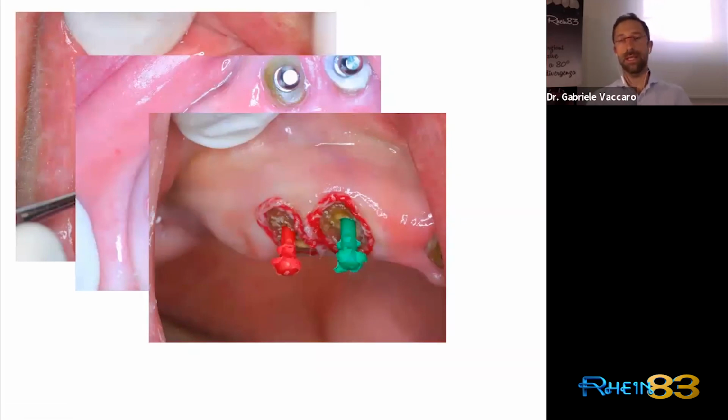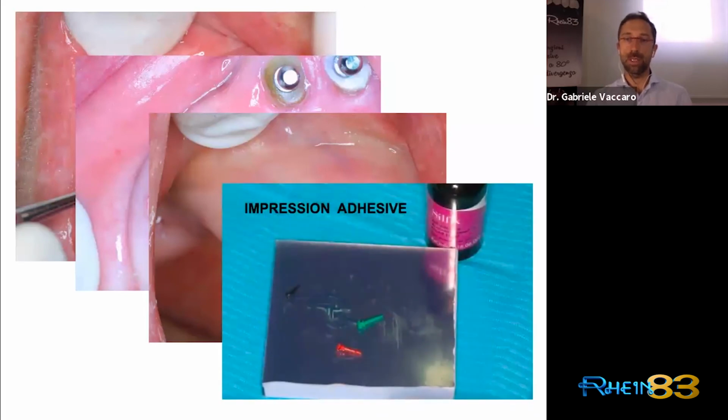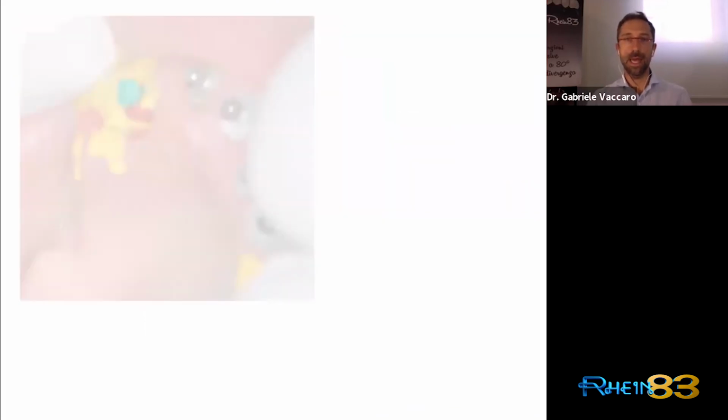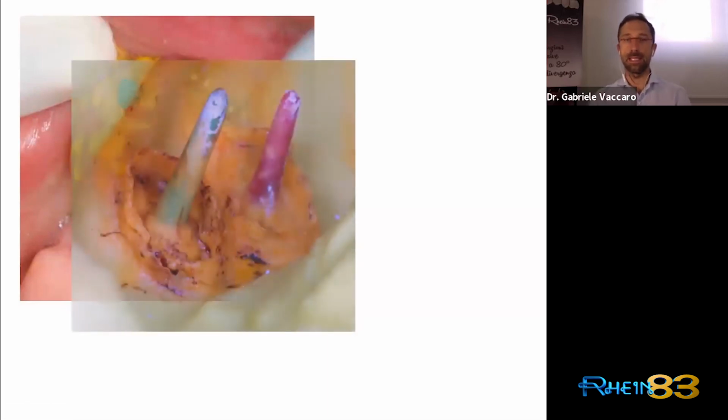In these roots we made the custom-made pivot with castable components. So these are the plastic pins, and we use them to take the impression: varnish with the impression adhesive, and then take the impression. So squeeze the impression material inside the root, and then place the post inside. And this is the impression of the endospace.